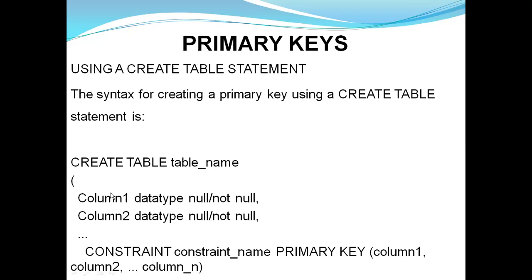Now this is following the column one, hence it is a column level constraint. And at the end, we can add one extra syntax called constraint, constraint name, constraint type, and column. It contains the column on which we are applying the constraint. This will be the table level constraint.